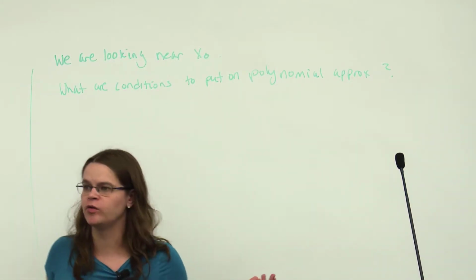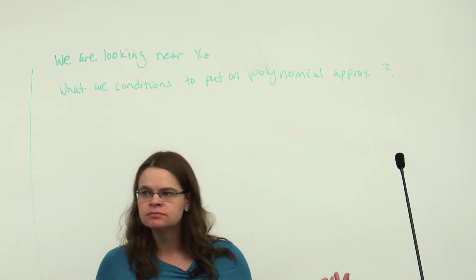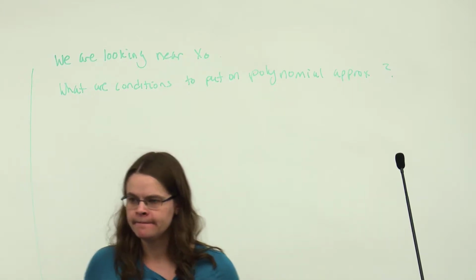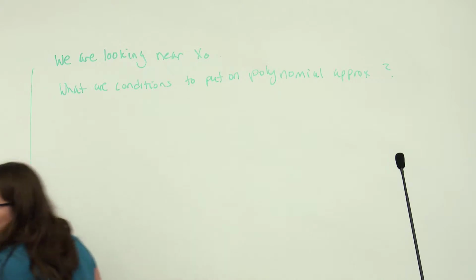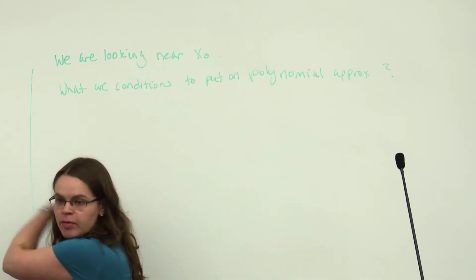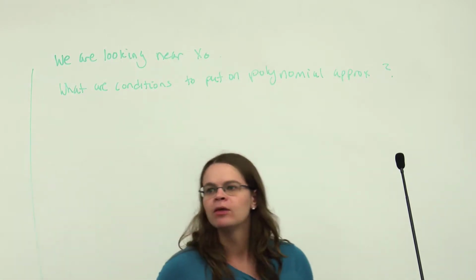What's some reasonable things that we might ask it to do? Yeah. Okay, we want it to be bounded, sure. Polynomial approximation is going to be locally bounded, certainly, and probably not globally bounded. What are some other things, right?